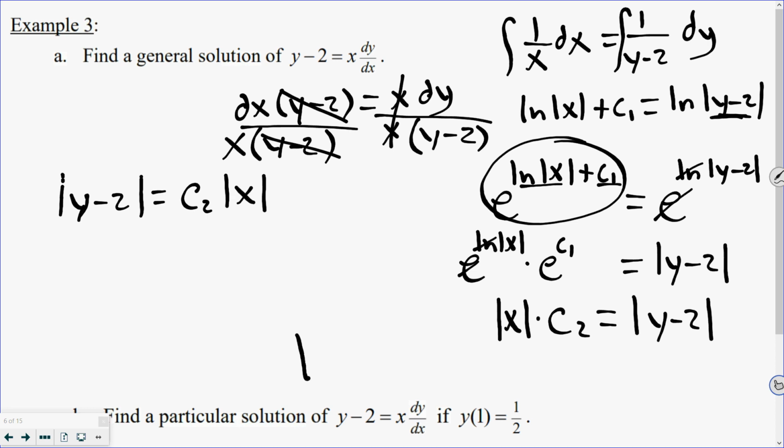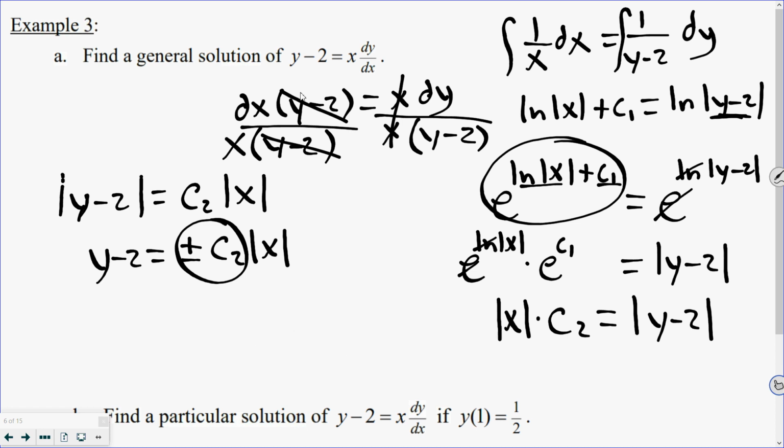Well, if you remember, the way we solve an absolute value problem is we just get rid of the absolute values, and I put a plus or minus on one side. Now this is a little bit tricky, but this number, plus or minus a constant, is just another constant. It could be positive or negative, but it's still another constant.